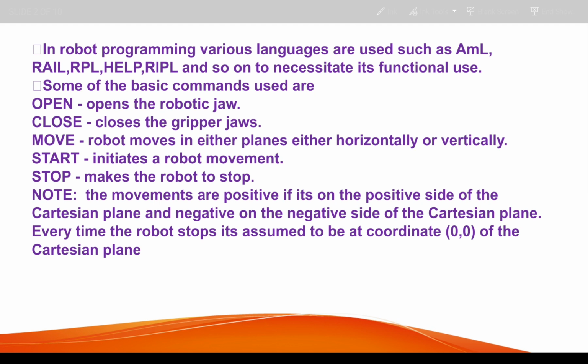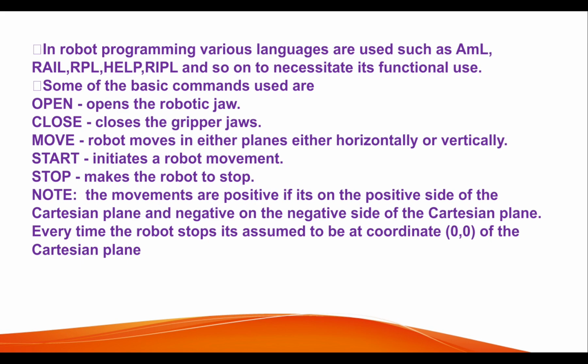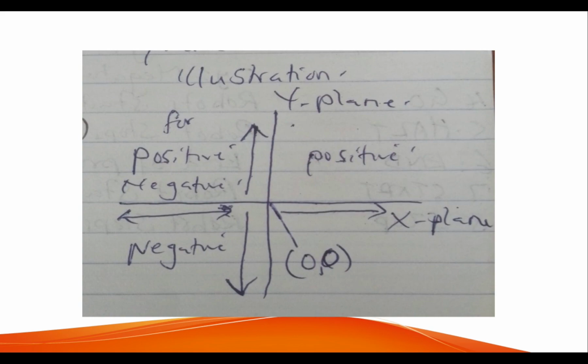So if it moves to the right, it is making a positive step. If it's moving to the left, it's making a negative step. This can be further explained by this diagram, which has an illustration. We have a Cartesian plane having a y-axis and an x-axis. The intersection of the y-axis and the x-axis is at 0, 0.